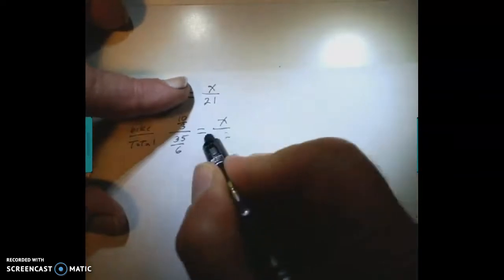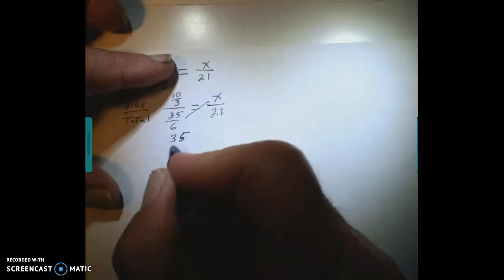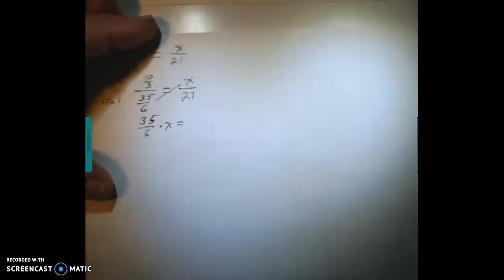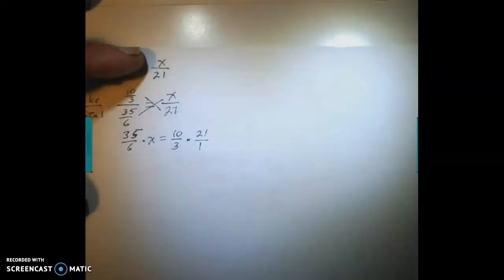Well, how about if I make it 21? And then cross multiplying. 35/6 times x has to equal 10/3 times, whoops, this direction, 10/3 times 21. Make 21 look like a fraction. Put a 1 under it.